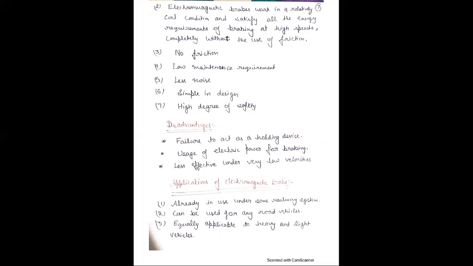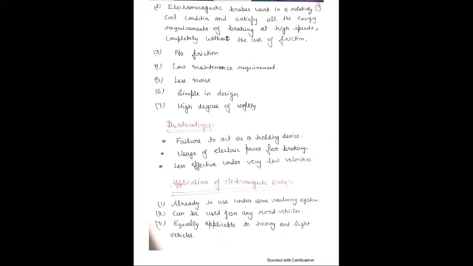In fact, there is no friction because there is no contact between the vehicle and any surface. Very low maintenance is required, and there is less noise due to electromagnetic brakes in vehicles.